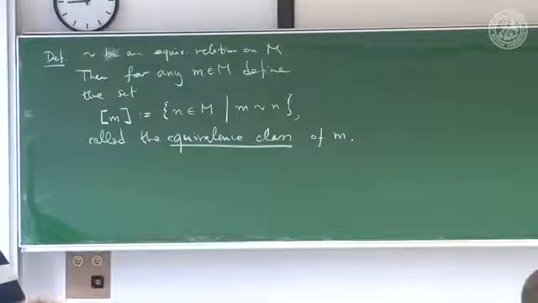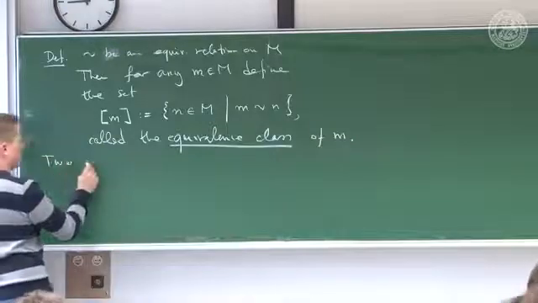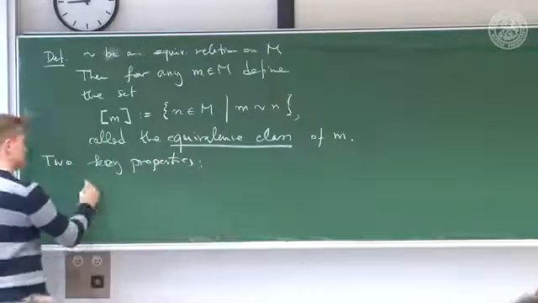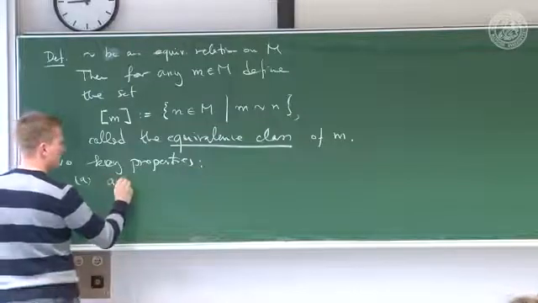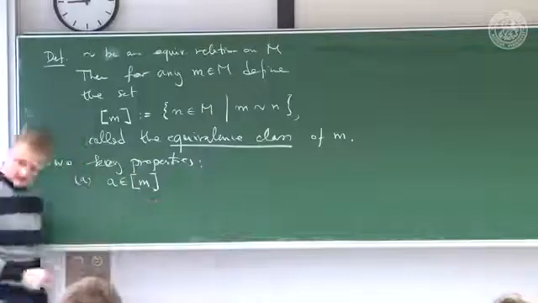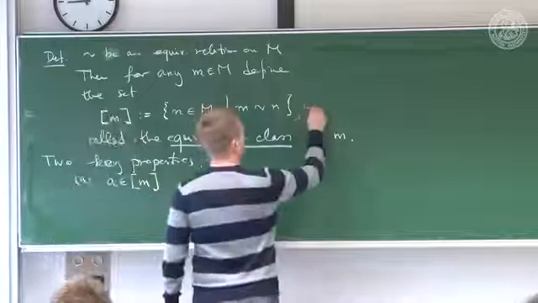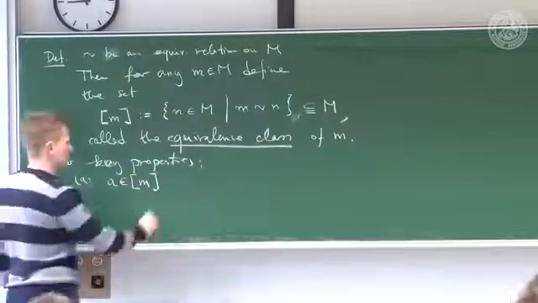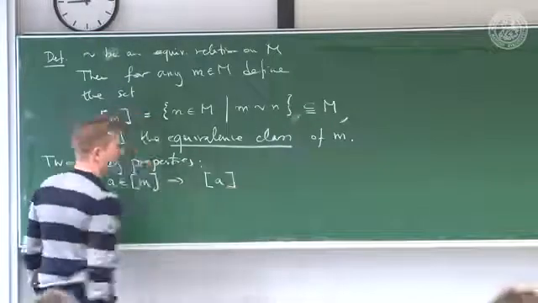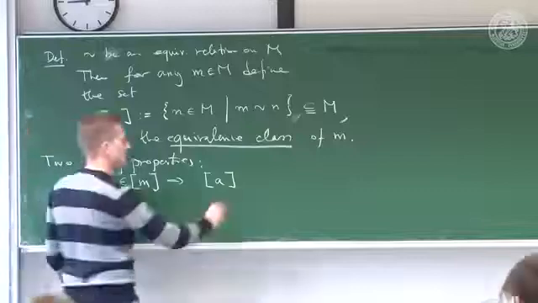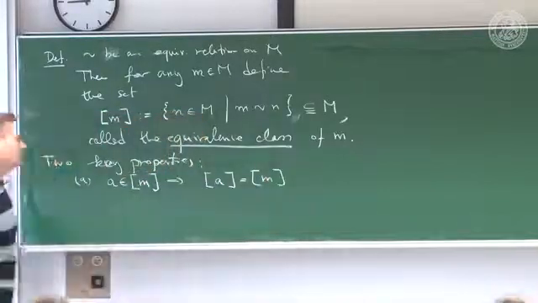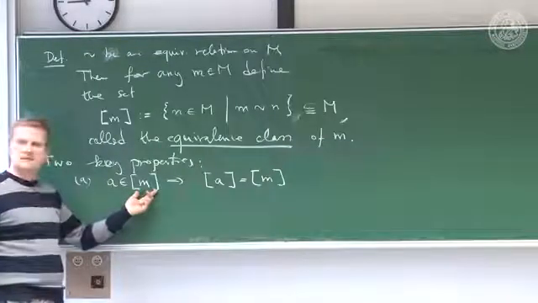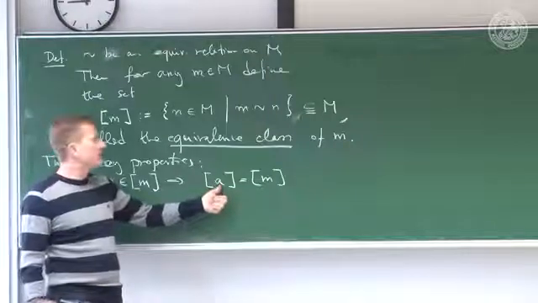Now, for these equivalence classes, there are two key properties. The first property is that if you take an element A from such an equivalence class, which is a set, obviously a subset of the entire set, then it already follows that the equivalence class of the element you took from the subset is the same equivalence class.